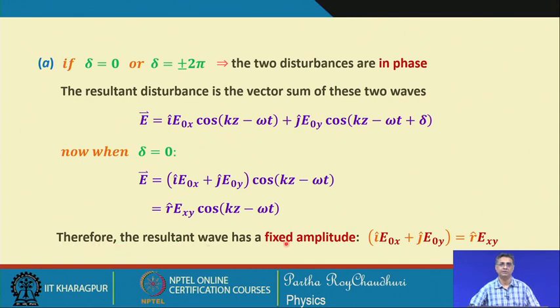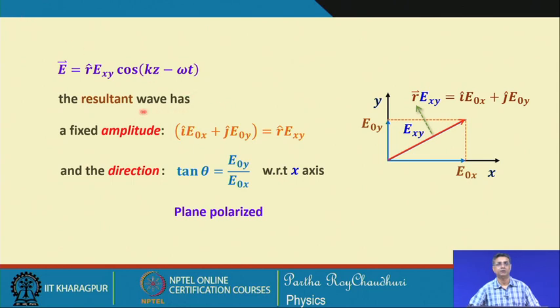Therefore, the resultant wave has a fixed amplitude, given by E x y, and the direction is tan theta. You can see E 0 y equal to this, E 0 x equal to this. So, the resultant wave makes an angle theta with the x axis, given by tan theta equal to E 0 y by E 0 x. So, this wave is plane polarized.